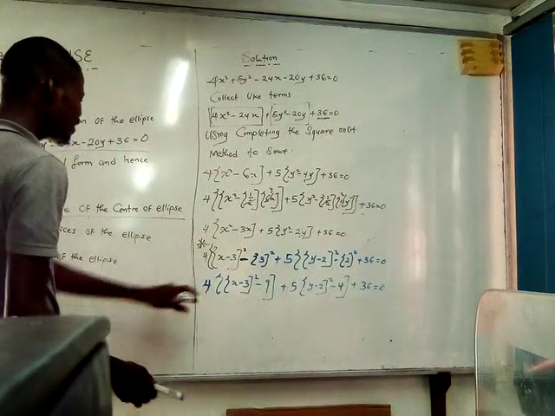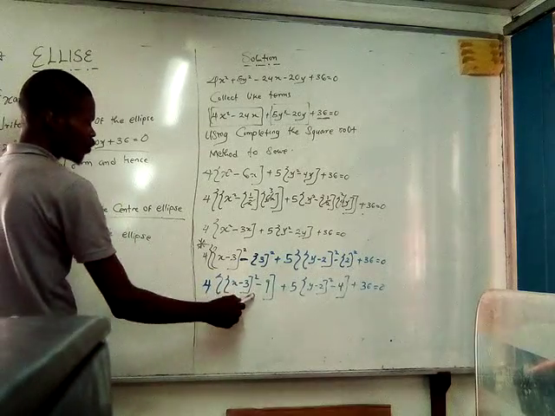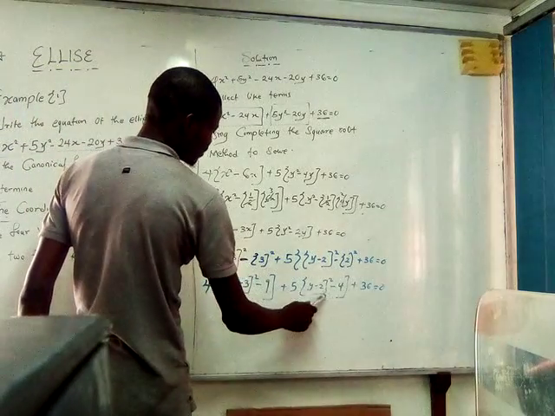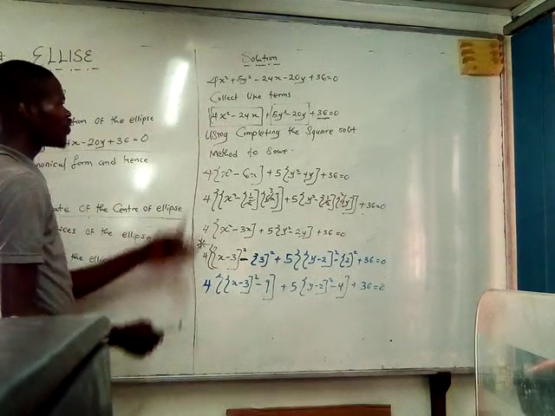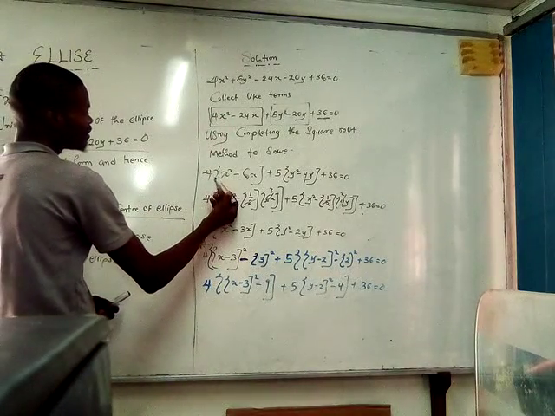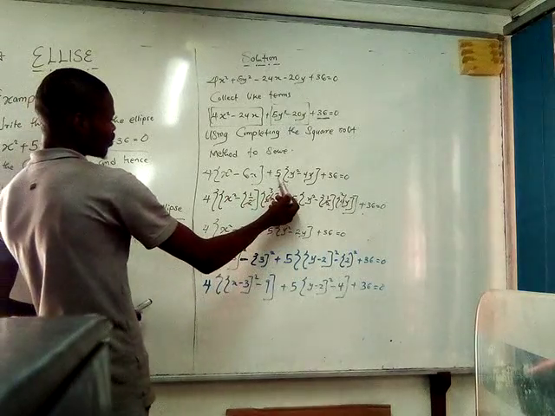Always take note, this 4 is for everything in this box, then this 5 is for everything in this box, because in the question before we start solving we've already factorized 4 and we've already factorized 5.